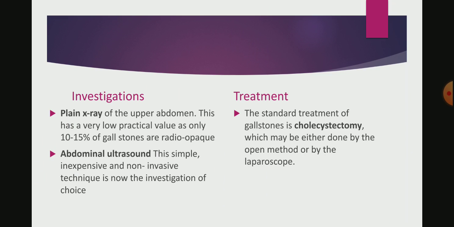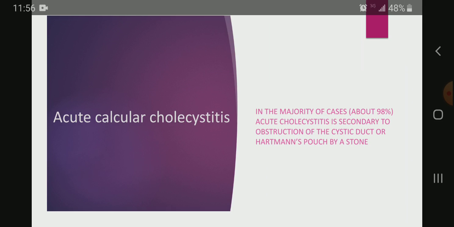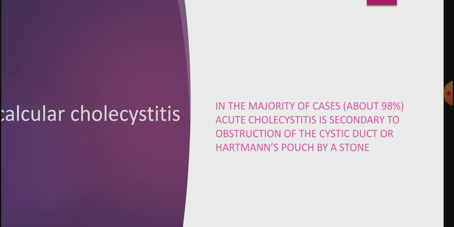Acute calcular cholecystitis. In the majority of cases, about 98%, acute cholecystitis is secondary to the obstruction of the cystic duct or Hartmann's pouch by a stone.